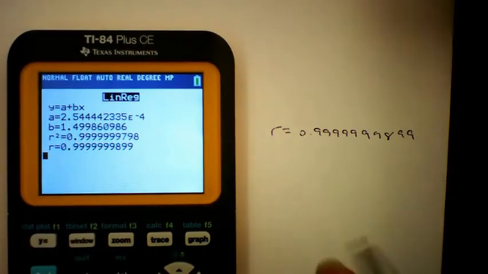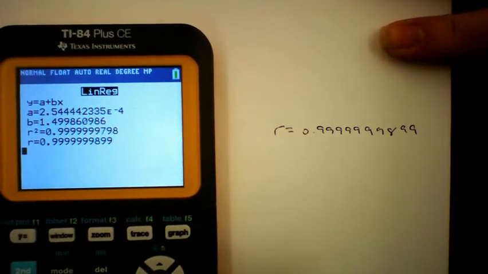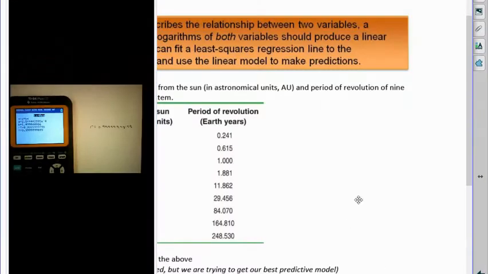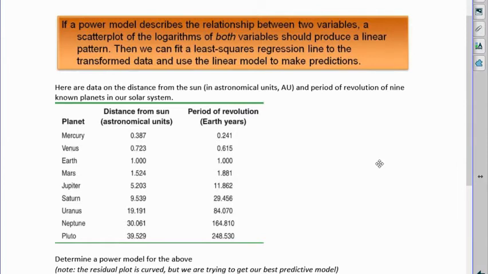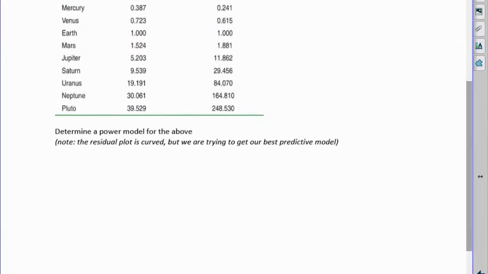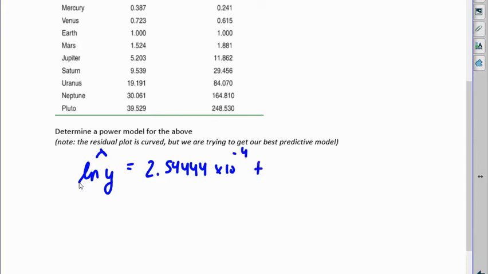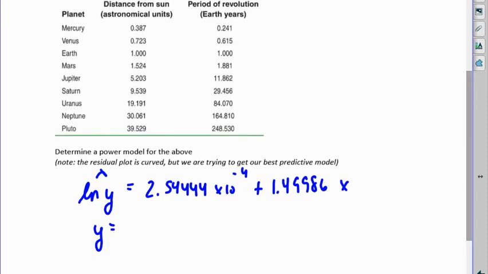So then I'll write the equation. Okay, so my equation is: natural log of y is predicted by my y-intercept of 2.54444 times 10 to the negative 4, plus my slope, 1.49986, times natural log of x, where y is equal to the distance from the sun in AUs, which I can tell how AUs are calculated based on that.